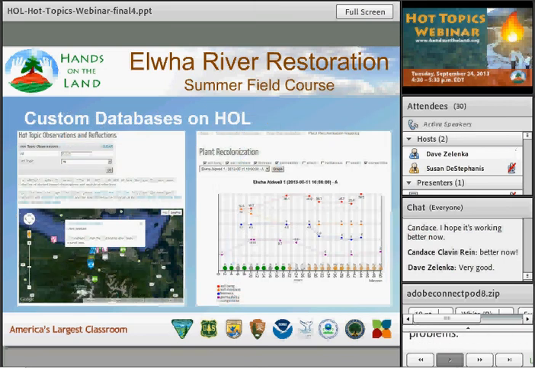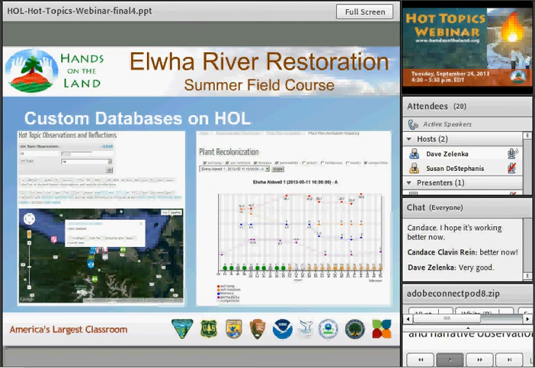I want to make a plug for our custom databases on Hands on the Land. We have our hot topic observations database, and basically it allows students who take journals in the field, classrooms who take journals in the field and record observations, whether that be photographs or just text or narrative observations, they can come back in the classroom and post those observations with a lat-long into our database.